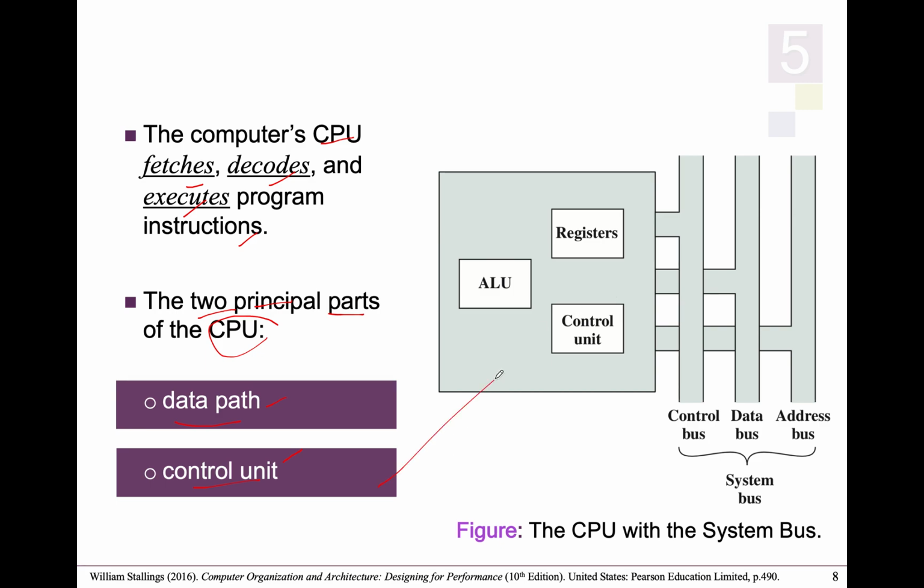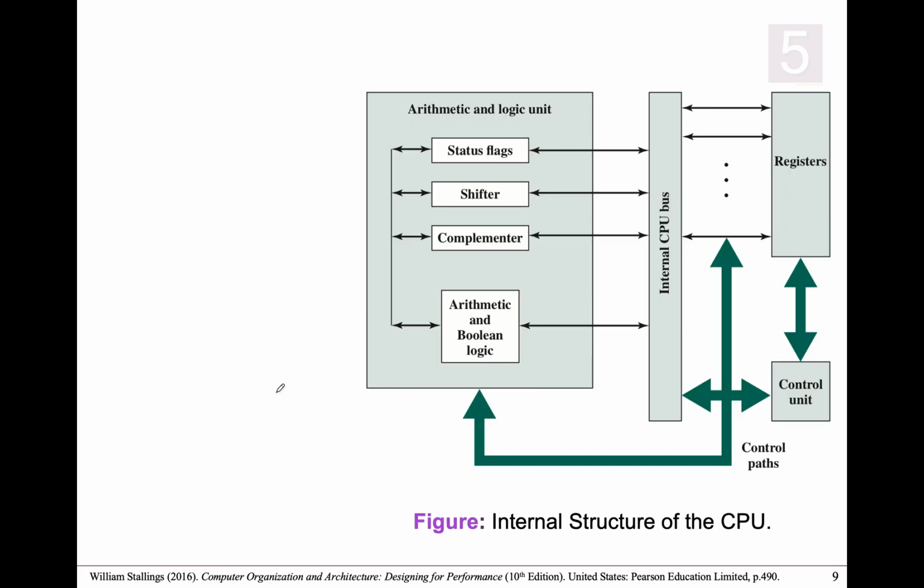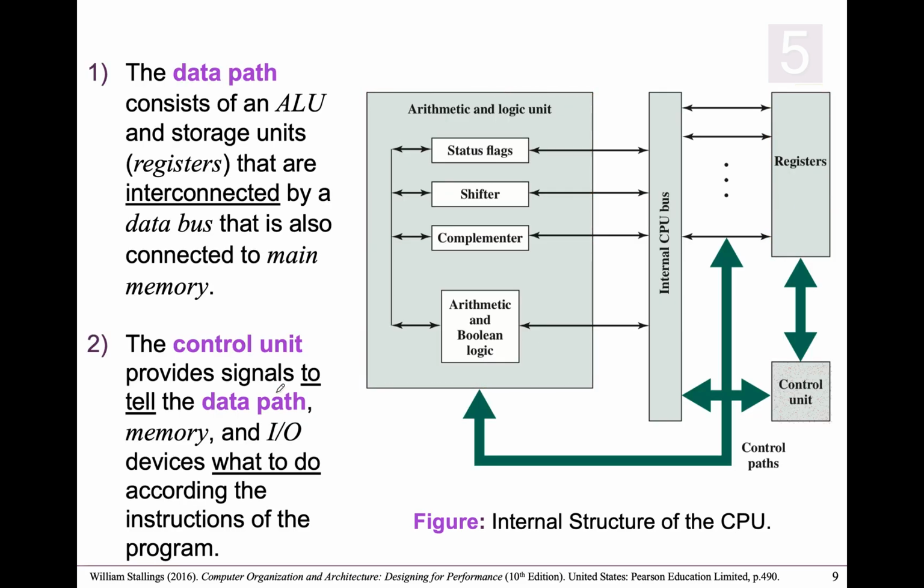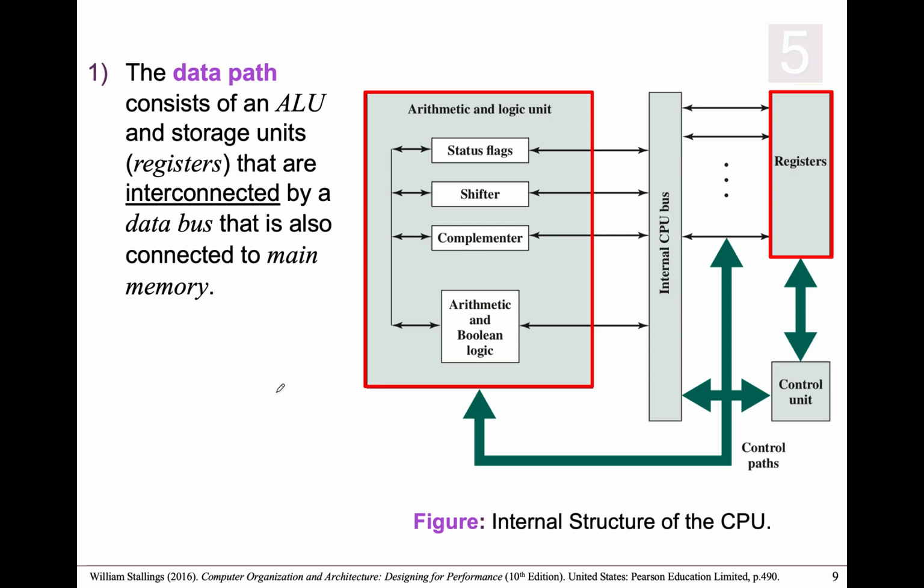So how about the data parts? Data path looks like a movement, right? Path. But let's take a look. Can you think what the answer is before we move? Okay, now I give you the answer.